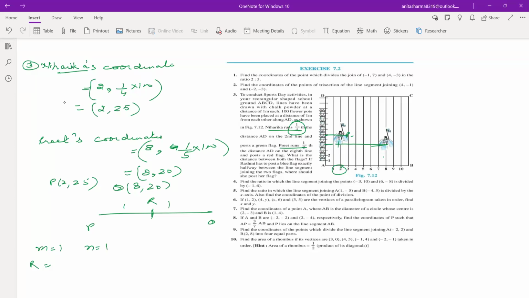Okay, let me check. The formula is x1 plus x2 divided by 2, comma y1 plus y2 divided by 2. So it will be 8 plus 2, 10 divided by 2, and 45 divided by 2. Right, beta? Yes, ma'am. So 5 comma 45 by 2.